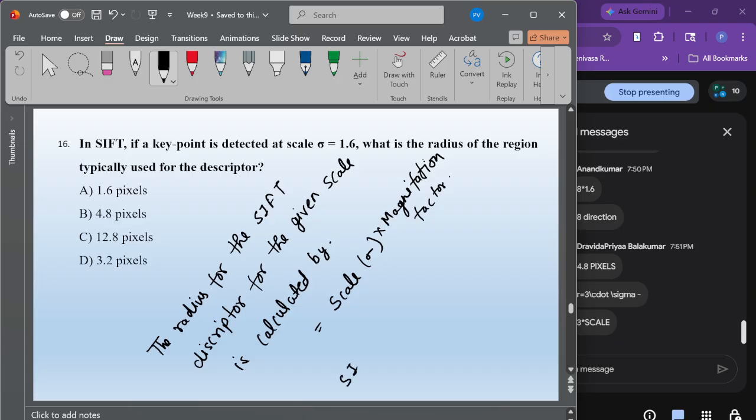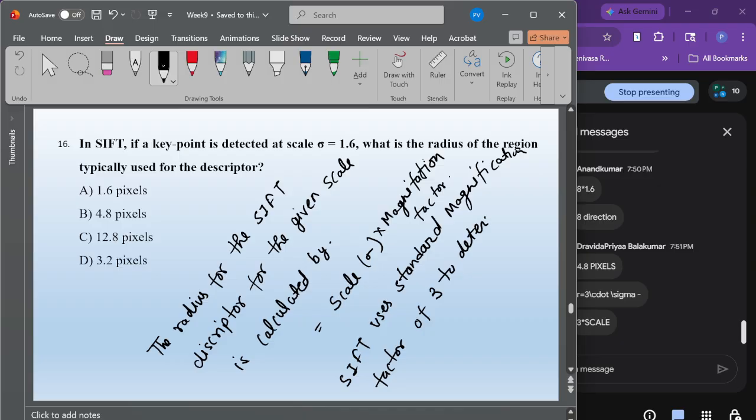A standard magnification factor of 3 to determine the size of the region.